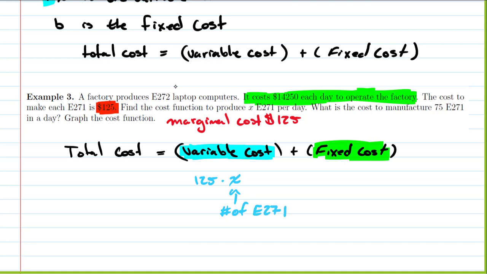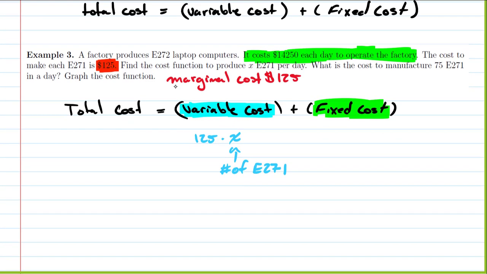So then putting all of that into our equation, the total cost as a function of the number of laptops, x, is going to be 125x plus 14,250.